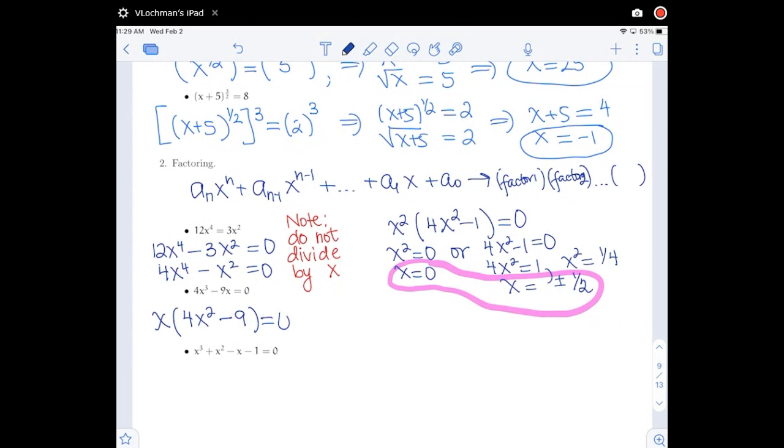Again, the product of two things gives us 0. That means one of them, or maybe both, are 0. x is equal to 0, or 4x squared minus 9 is equal to 0. From here, x squared is equal to 9 over 4. x is equal to plus or minus 3 over 2. So what are our answers? 0 and plus or minus 3 over 2.